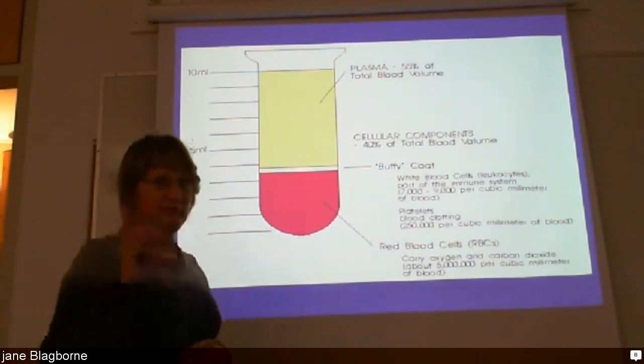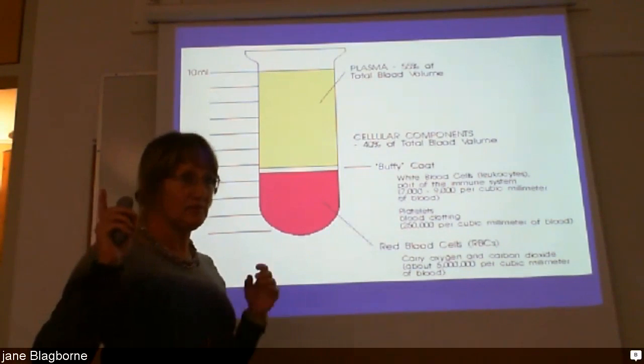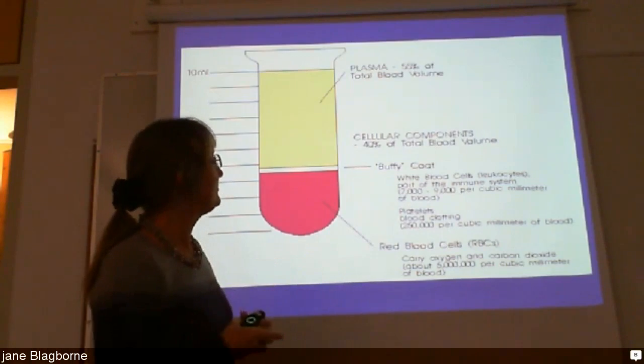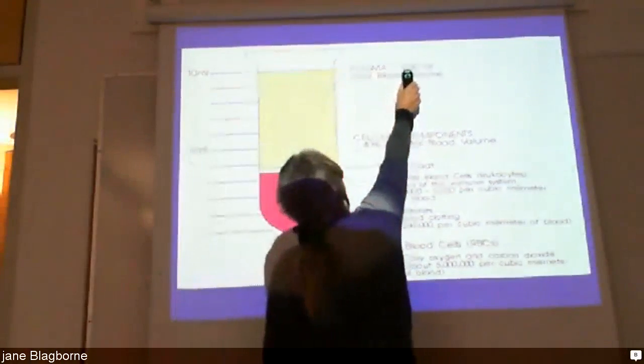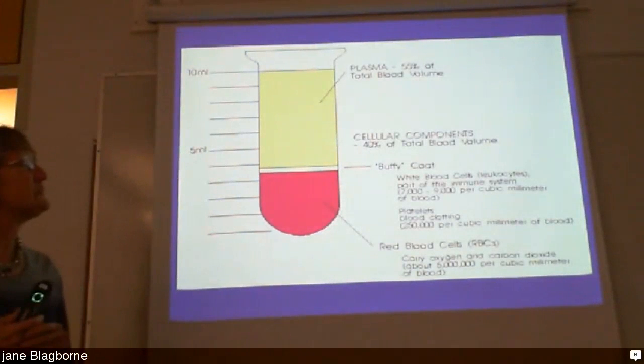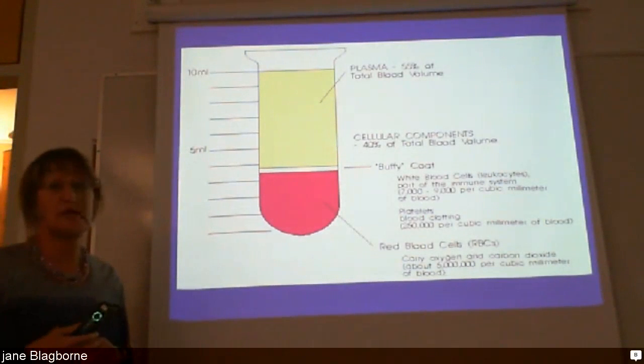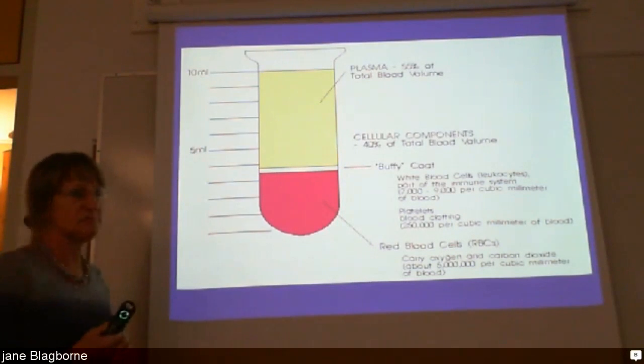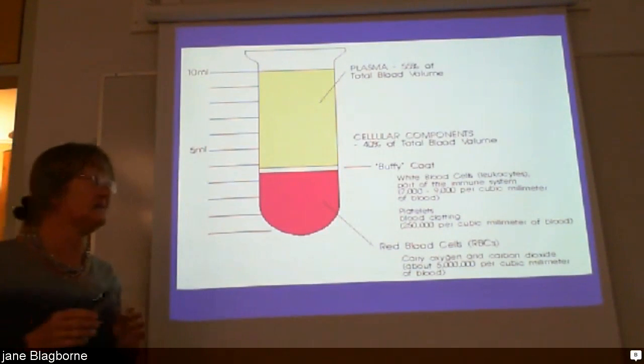Now the percentage that I was telling you about, the only one that you really have to know is this one here: 55%. Plasma is 55% of total blood volume. So just put a big circle around that.